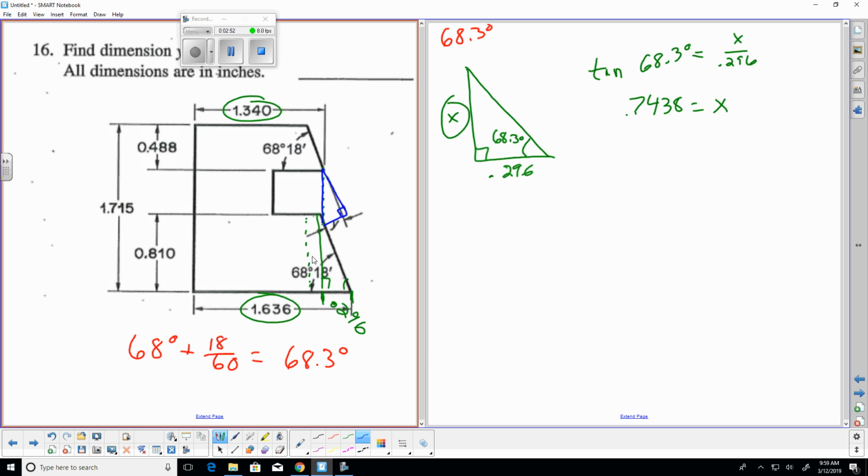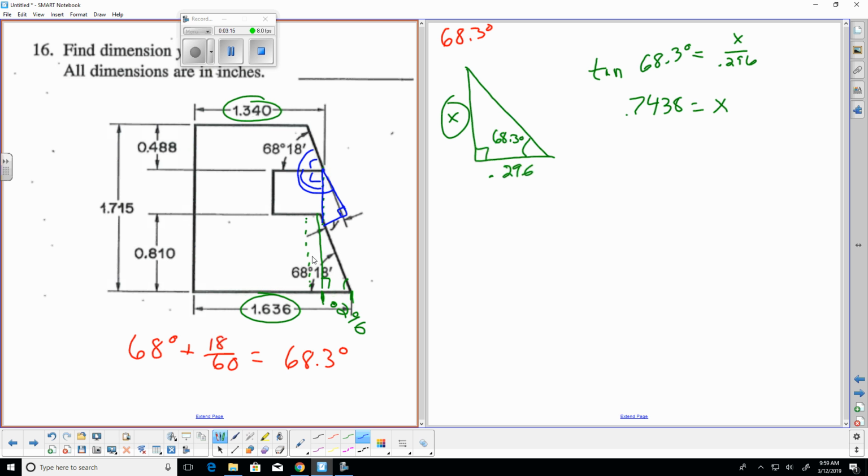Because I know this angle, and I know this is a 90 degree right here, that means that this is going to be the complementary of it. So if you think about it, all the way to here is 180. This part is 90. So here we go.